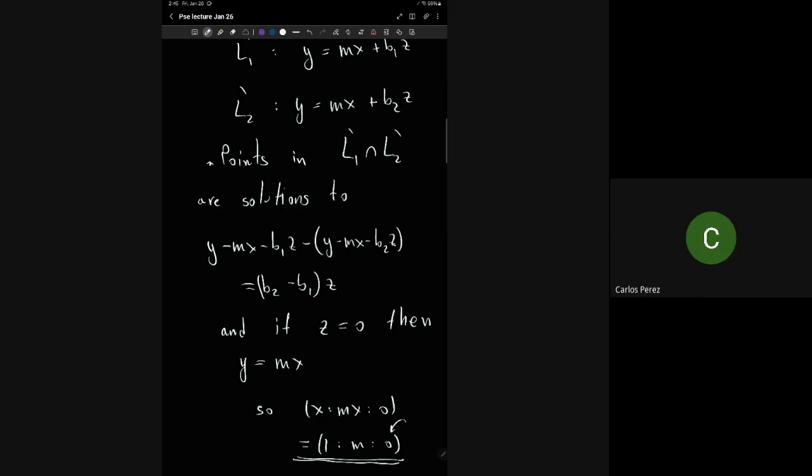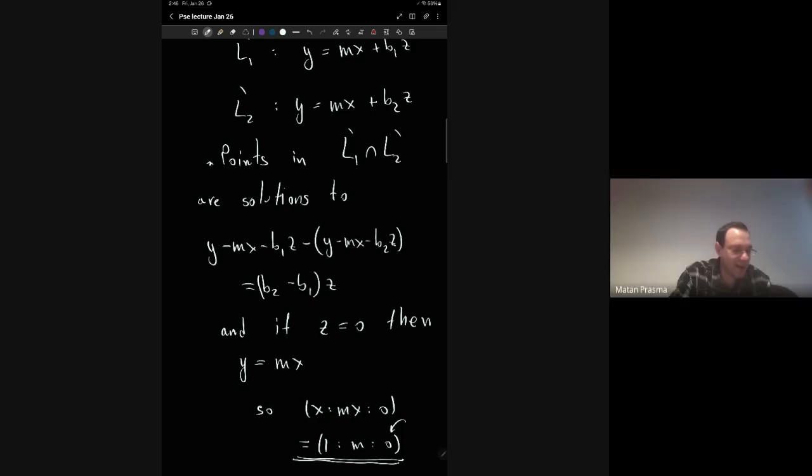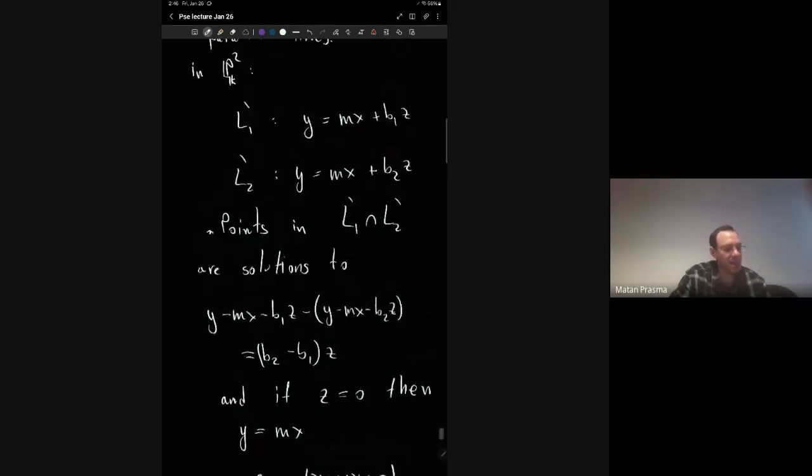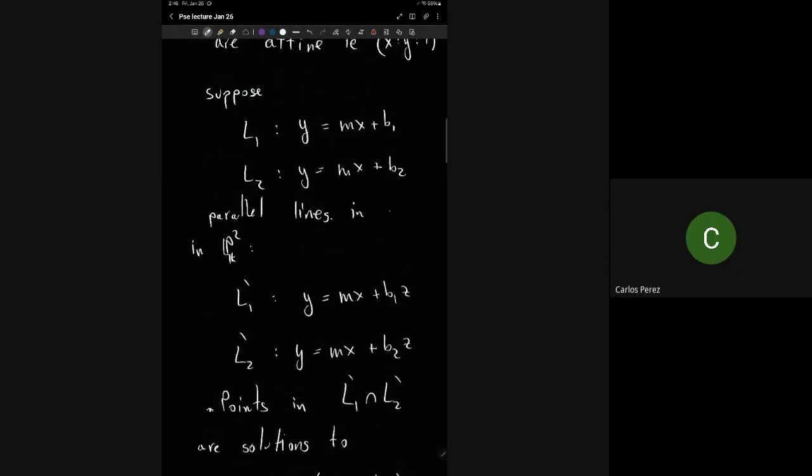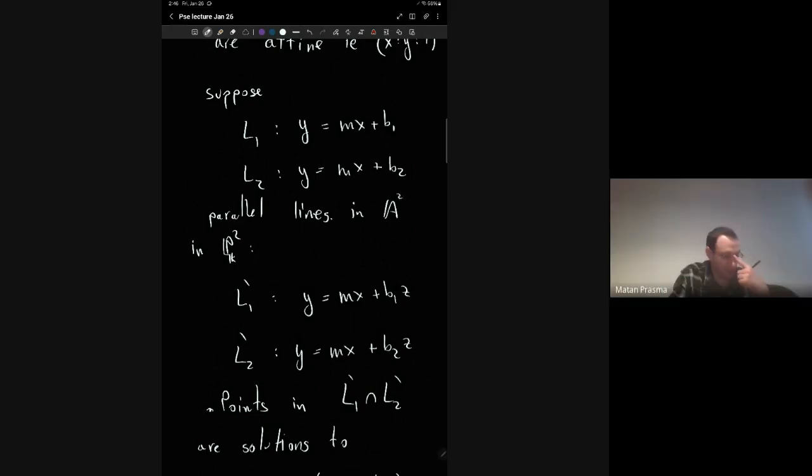Yeah, but is there in the notes some intuition on how two parallel lines can have an intersection? How can they intersect if they are parallel? No, I mean they are parallel lines in the affine plane. Oh, okay. Now I understand. Okay, fair enough.